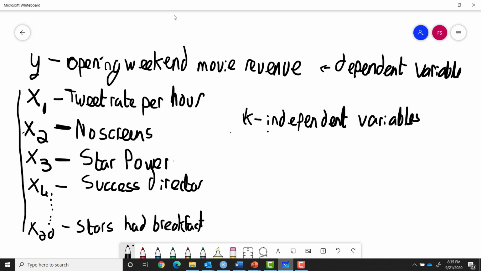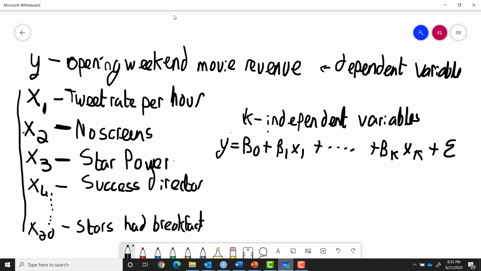Then we have y equals beta 0 plus beta 1 x1 all the way up to beta k xk, plus the error.